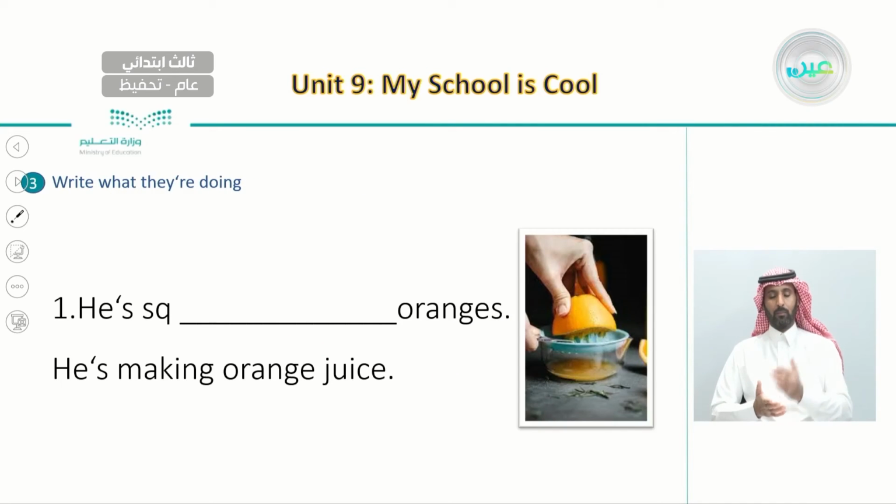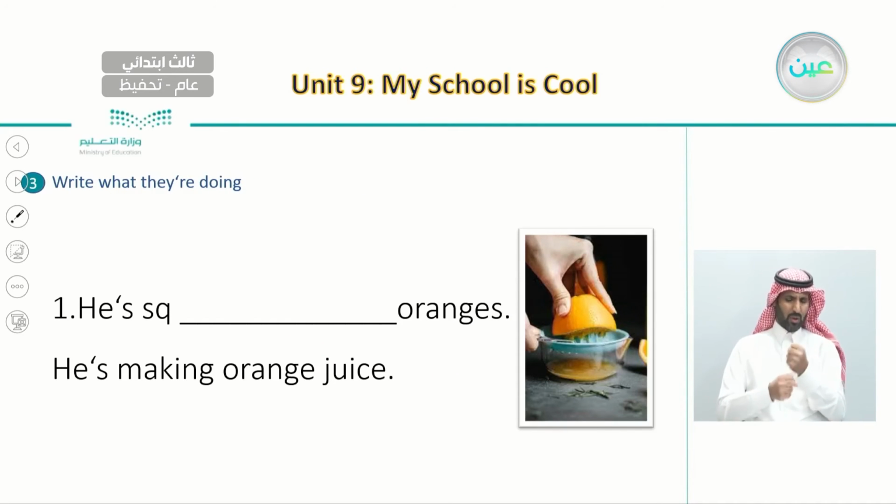So now let us move on to the third one. Write what they are doing. In your books, you will see different pictures. For the first picture, on page 72, have a look at this person and tell me what exactly he is doing.